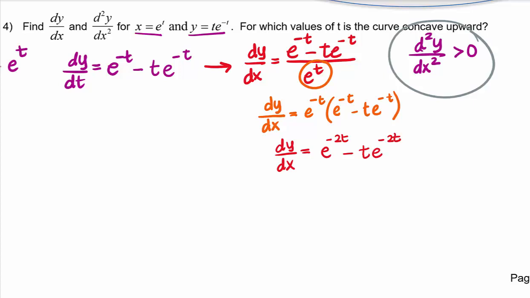I certainly could factor something out if you wanted to. If you are better at quotient rule, then certainly you could rewrite this if you wanted to, because if I factor out the e to the negative 2t, it's 1 minus t. So I could say any of these are equivalent.